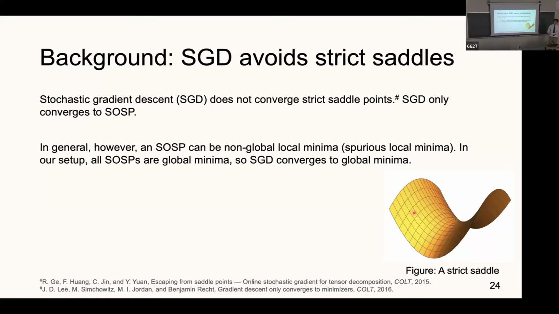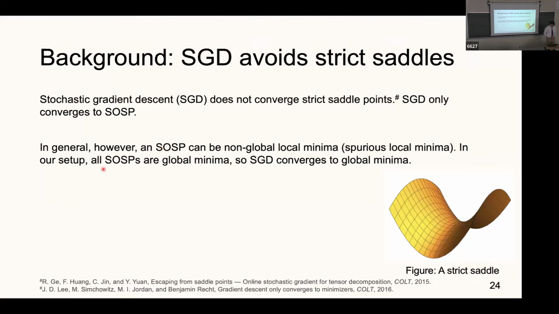It's not going to get stuck at a strict saddle point. It might converge to a global minimum, or it might converge to a local minimum. There is some prior work that handles the argument in a more mathematically rigorous sense. If SGD converges, it cannot converge to a saddle point. It will converge to a second order stationary point.